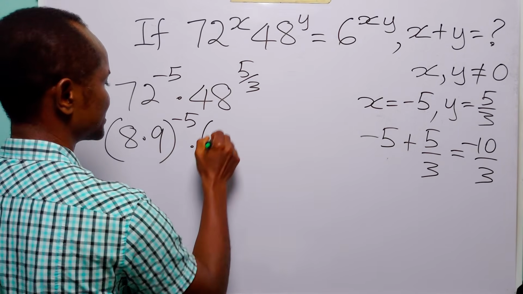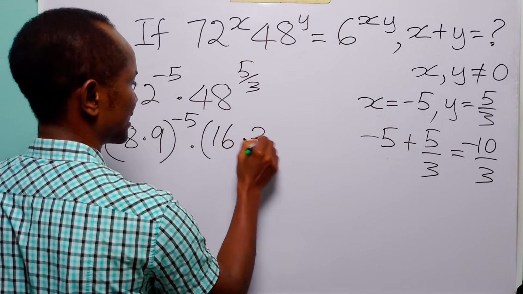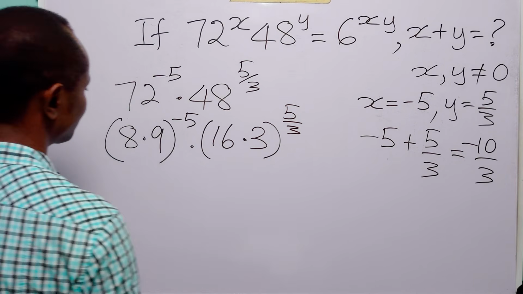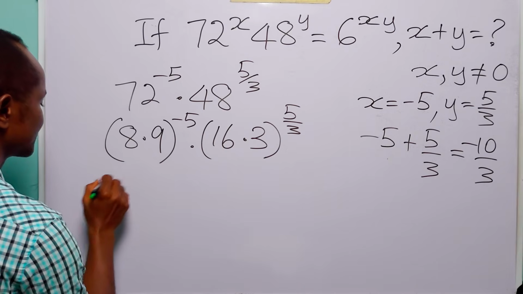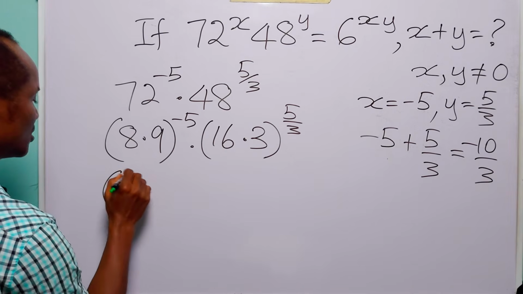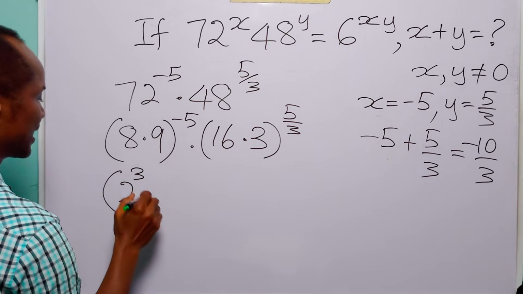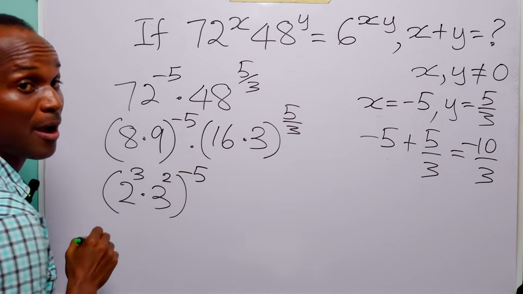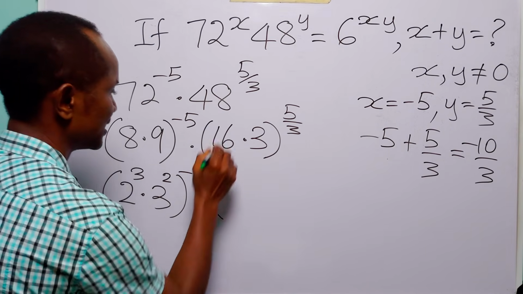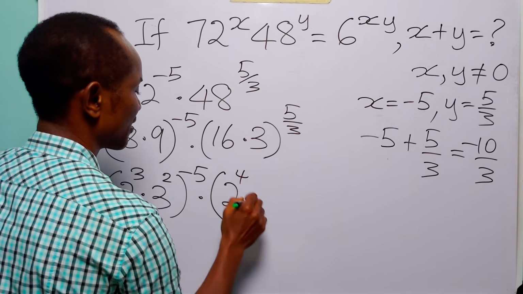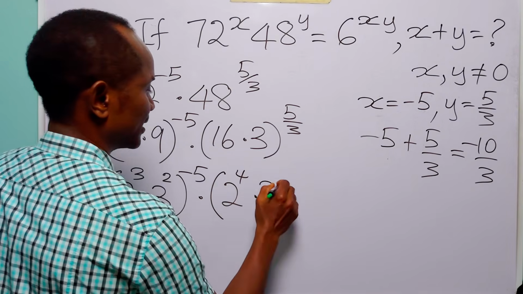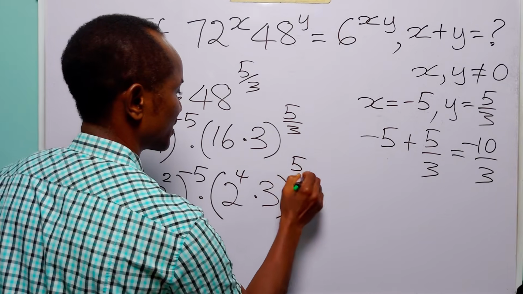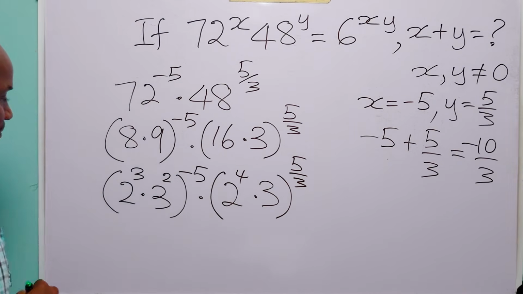And 48 is equal to 16 times 3 raised to power 5 over 3. 8 is 2 to power 3, and 9 is 3 to power 2, raised to power minus 5. 16 is 2 to power 4, and 3 is 3, and everything is raised to power 5 over 3.